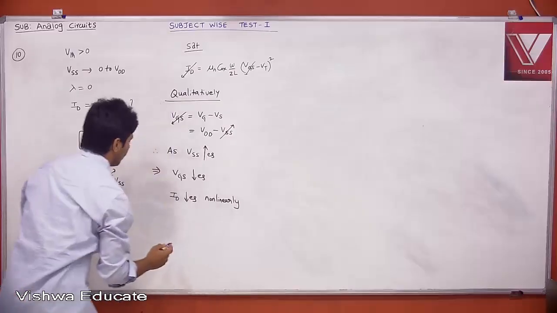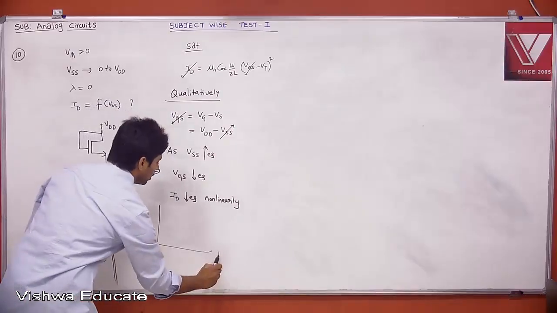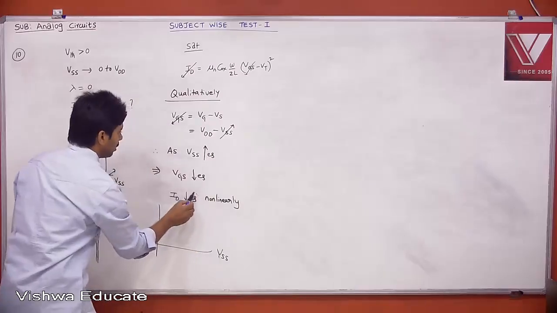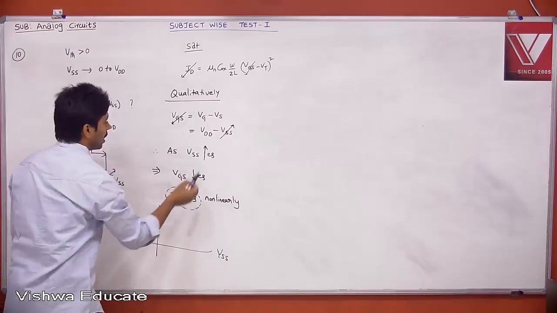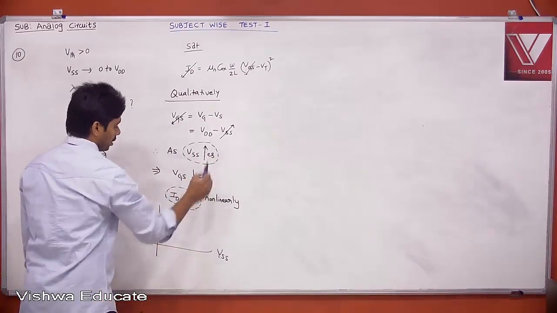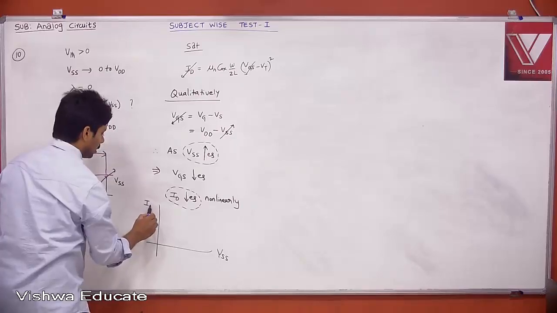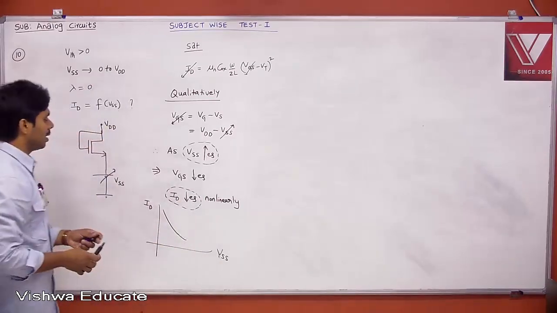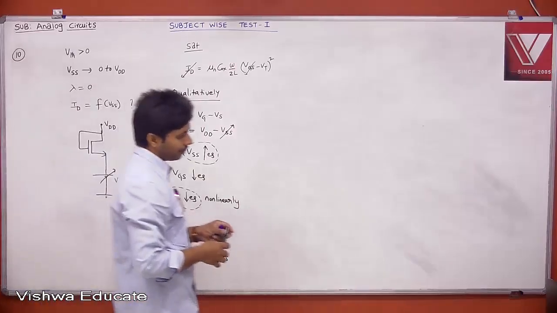Let us say this is VSS and this is ID. It has to decrease non-linearly, like this. What is the option which is satisfying that?